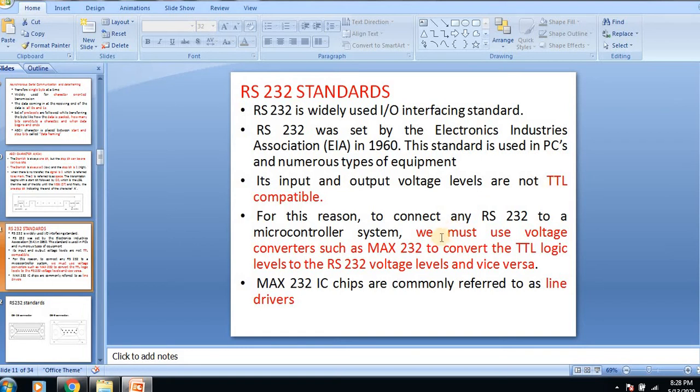So for this reason, to convert the RS-232 voltage levels to TTL voltage levels, we need a voltage converter, and one such converter is the MAX232, which is also called a line driver. So this MAX232 must be used to convert the RS-232 voltage levels to TTL voltage levels, because our 8051 is TTL compatible.